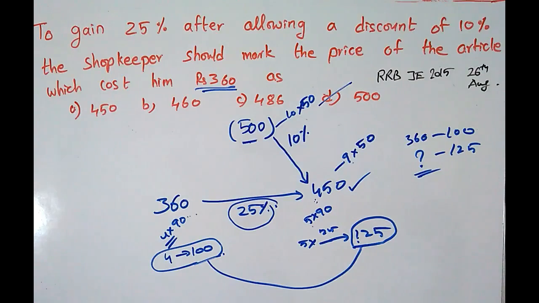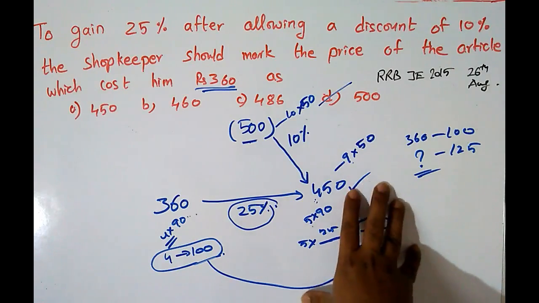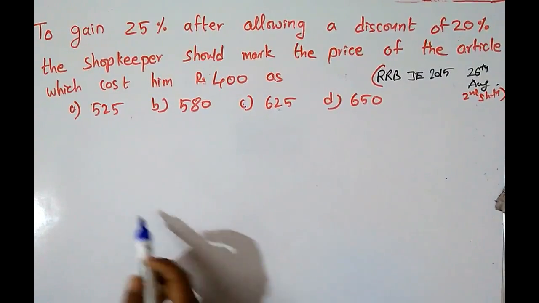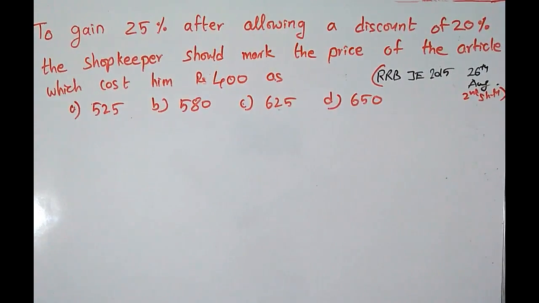Don't worry friends, we will see another problem so that you will be familiarized with this model. Okay friends, to gain 25% after allowing a discount of 20%, the shopkeeper should mark the price of the article, which cost him rupees 400.